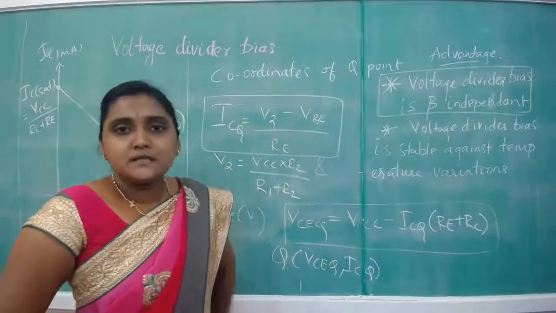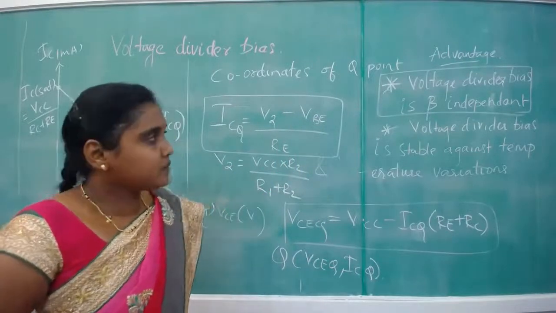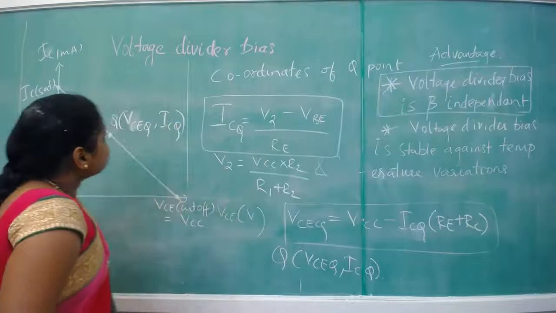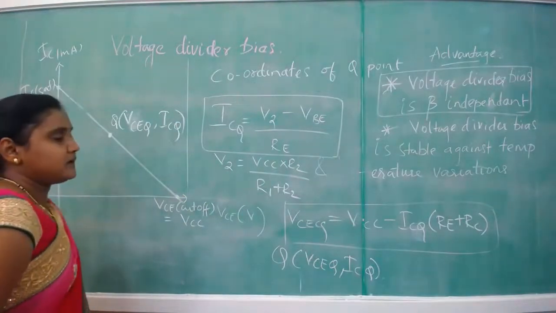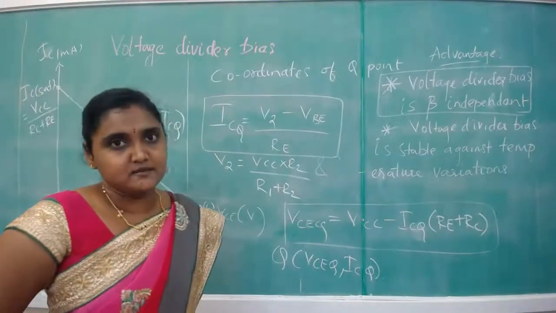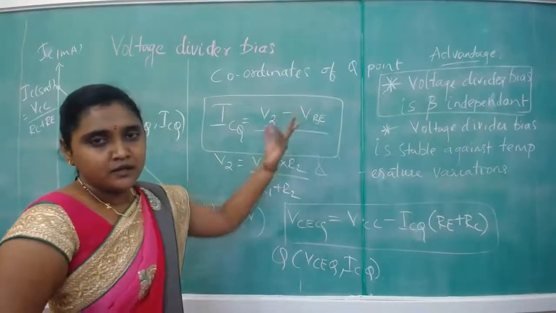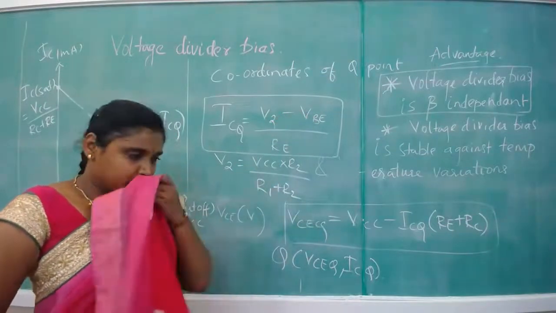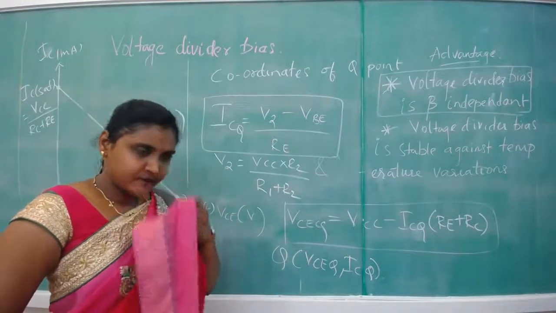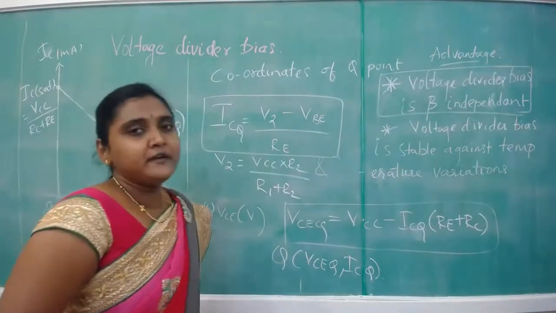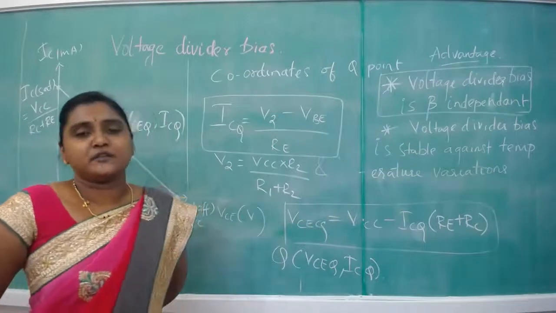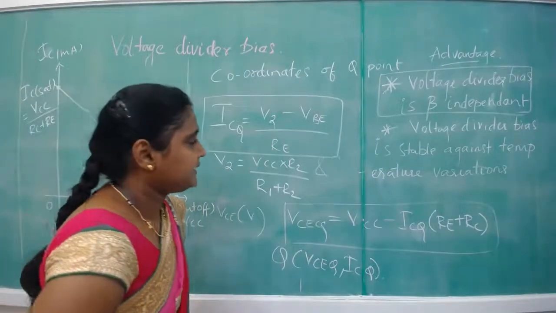You can do that because it is beta independent. Of course, a similar type of transistor, because it also depends on the value of VB. So instead of a silicon transistor, you cannot use a germanium transistor. Another silicon type of transistor can be used, right?